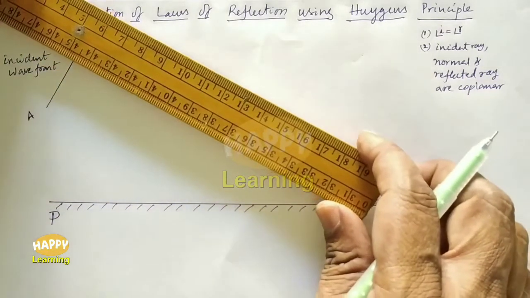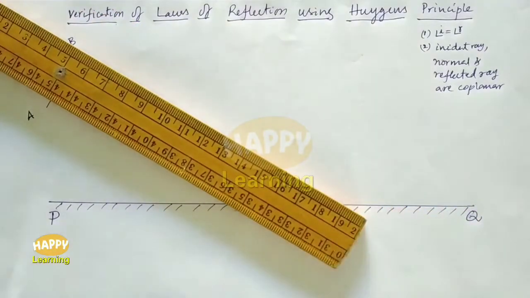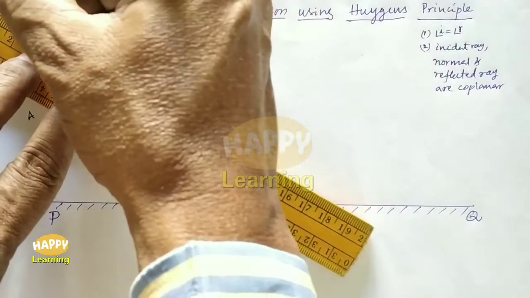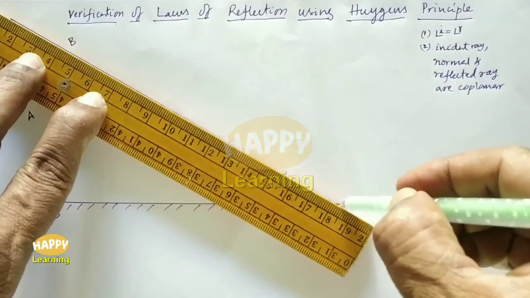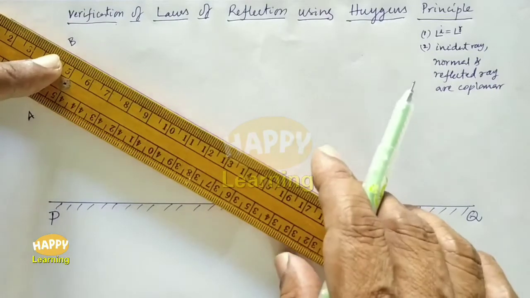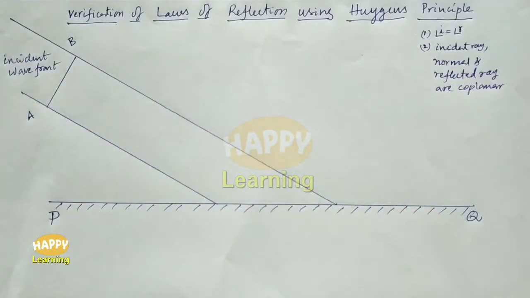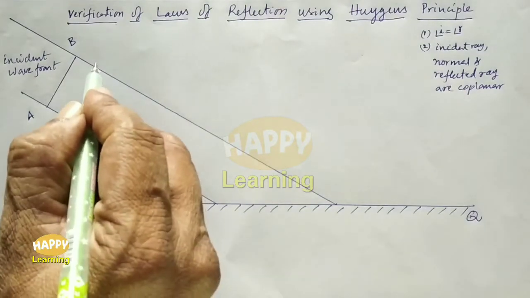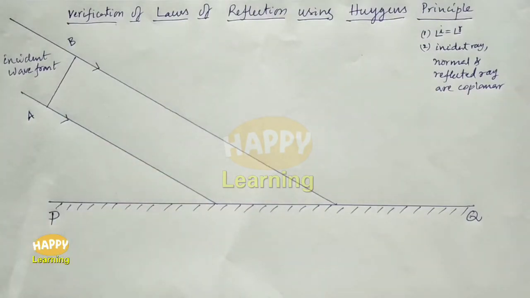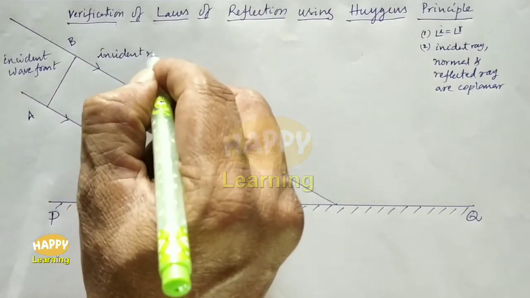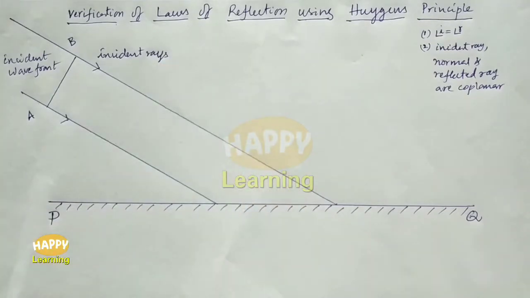Let me draw rays from this wavefront. Always the light rays are normal to the wavefront. So these are the incident rays.